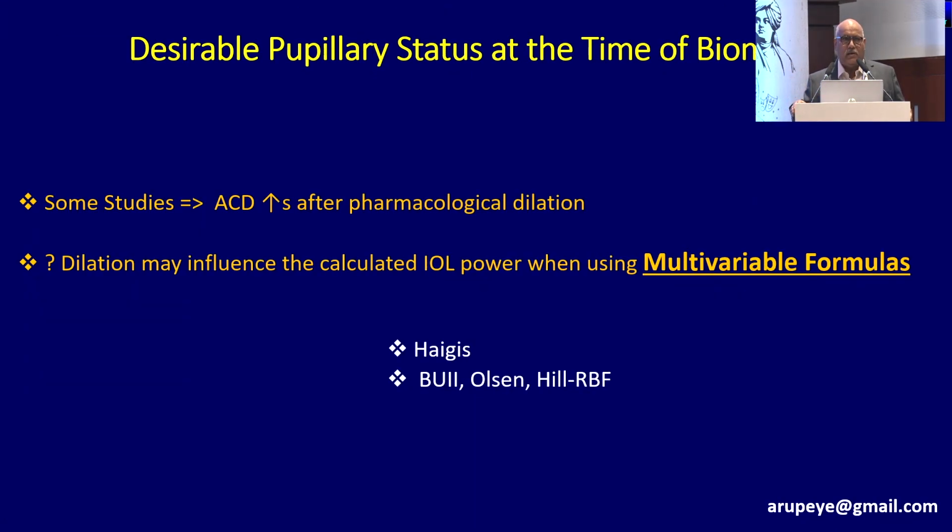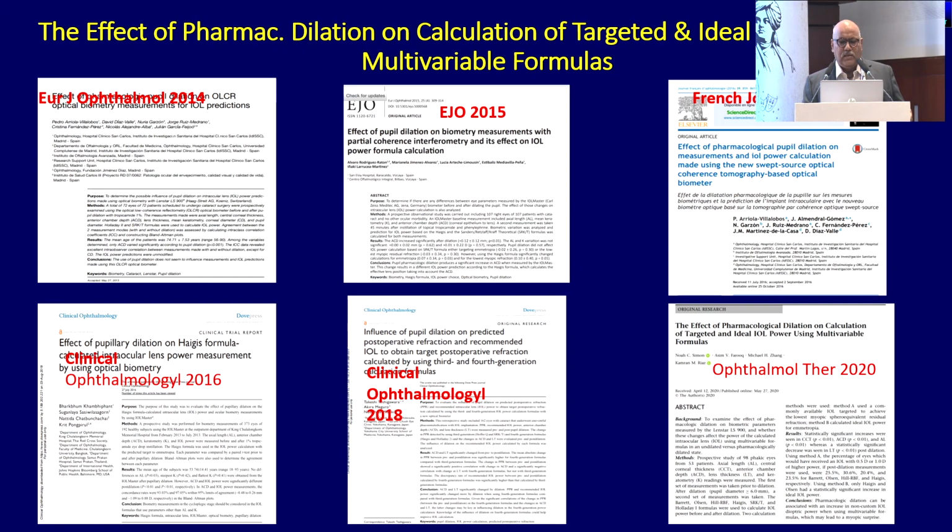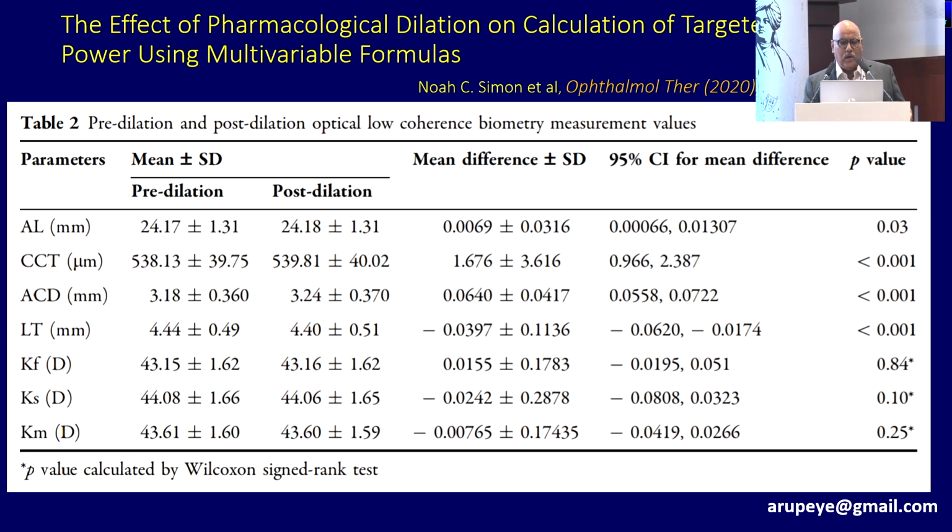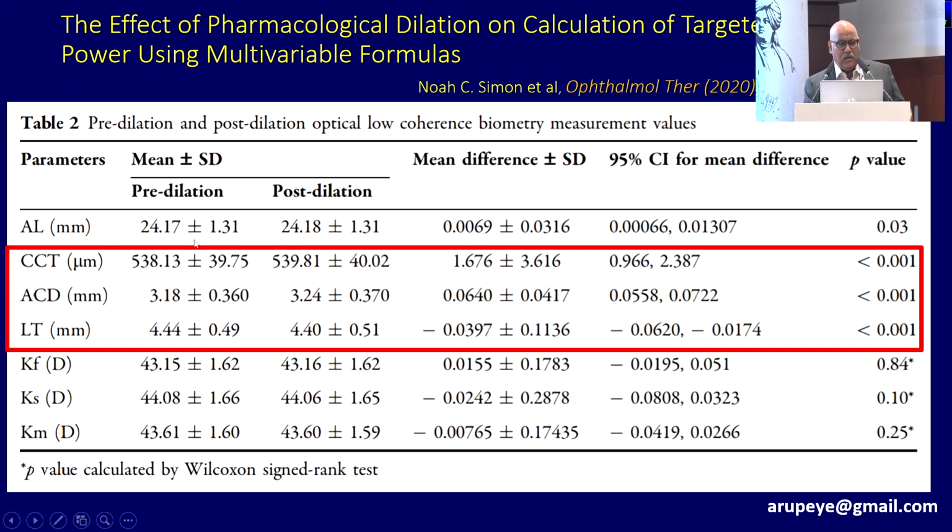But another picture comes to mind. Whenever an eye is dilated, the biometric parameters are known to change. So multivariate formulas, like all the modern formulas, may give different results. There are plenty of articles, a plethora of literature. After dilatation, the central corneal thickness increases, the anterior chamber depth increases, and lens thickness comes down.